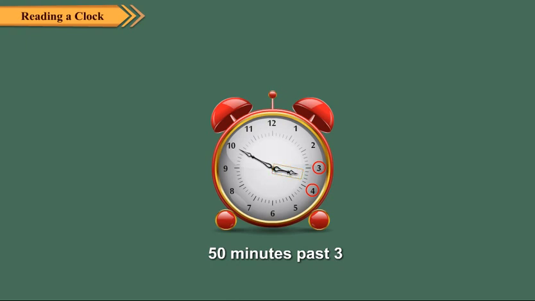But as a convention, when the minute hand is in the second half hour, we use the word to. So to write this time, we consider the number of minutes to the next hour. We see that the minute hand has yet to travel 10 minutes to reach the next hour, which is 4 over here. So we write the time as 10 minutes to 4.